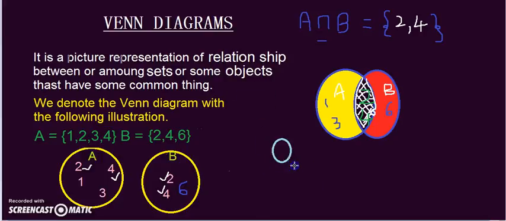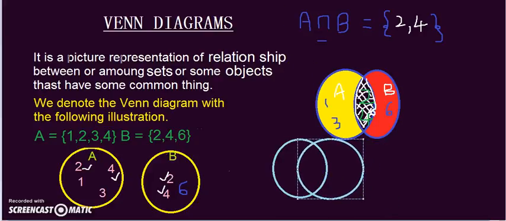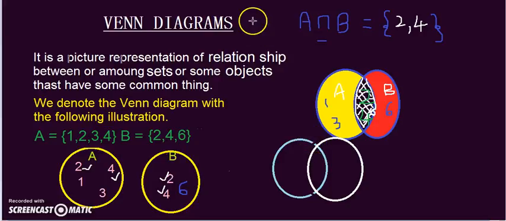A intersection B is, if this is A, and I have another circle which is B. So this is B and this is A. Our A intersection B will be the joint part of the two sets A and B. Where the intersection part comes, this is our number 2 and this is number 4.